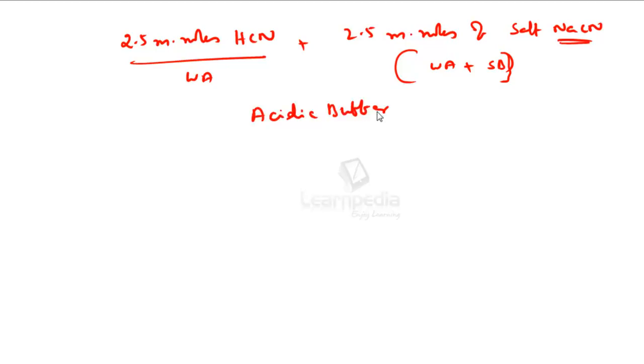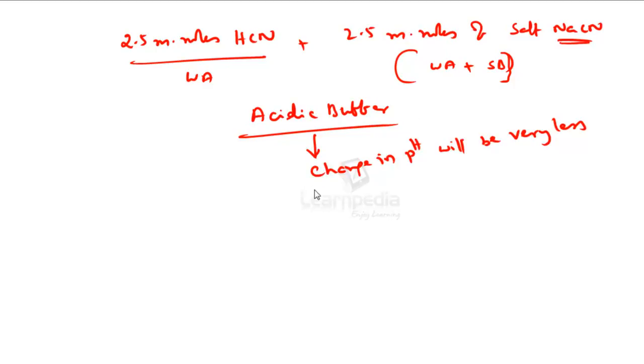So during the course of the reaction, the solution becomes an acidic buffer, and with further addition of HCl, what will happen? Since it's a buffer, even when we add a relatively large amount of strong acid, the change in pH will be very less. As more and more HCl is still added, the buffer property is slowly lost. The whole amount of NaCN must react with HCl added to give neutral NaCl and hydrogen cyanide.